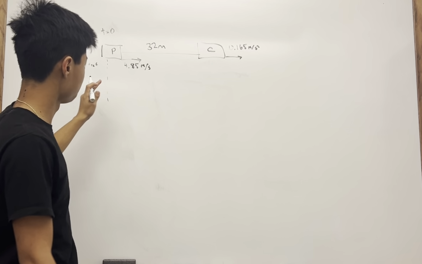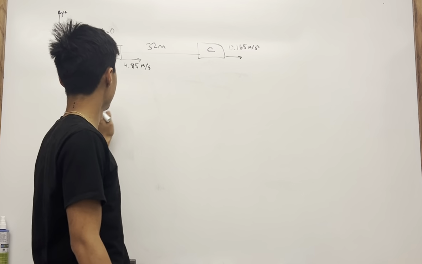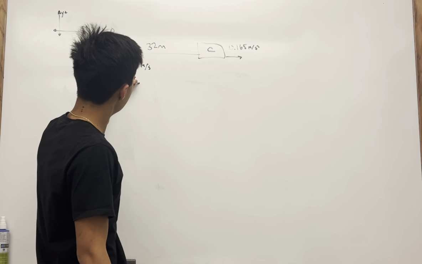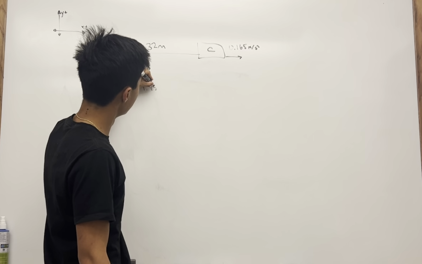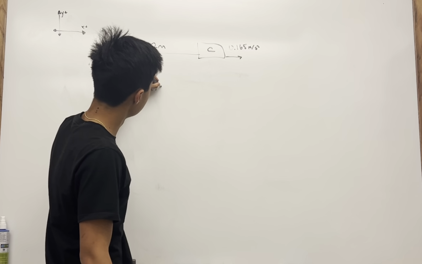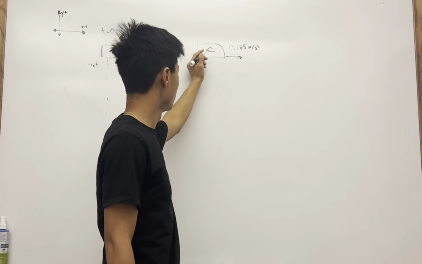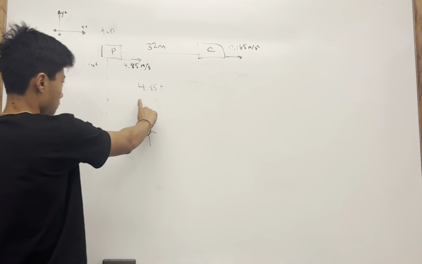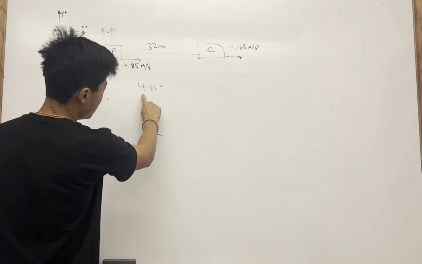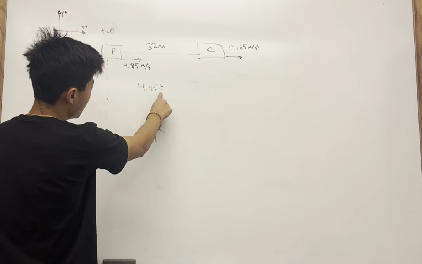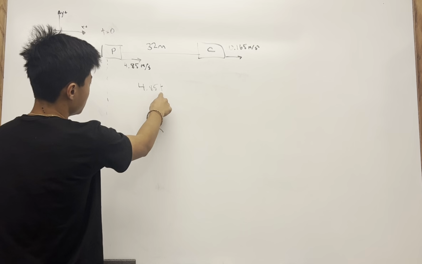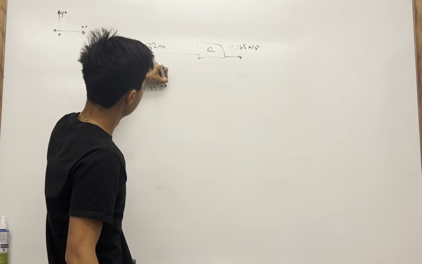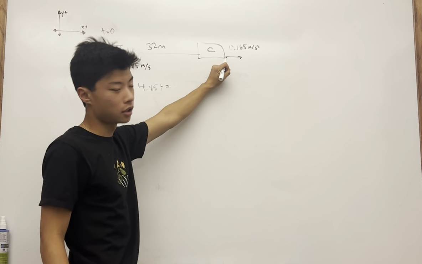So to find the displacement, or how far away it is from this x reference, we can multiply 4.85, the velocity, by the amount of time. At the time when these two are right next to each other, the position of the puppy has to be equal to the position of the car.